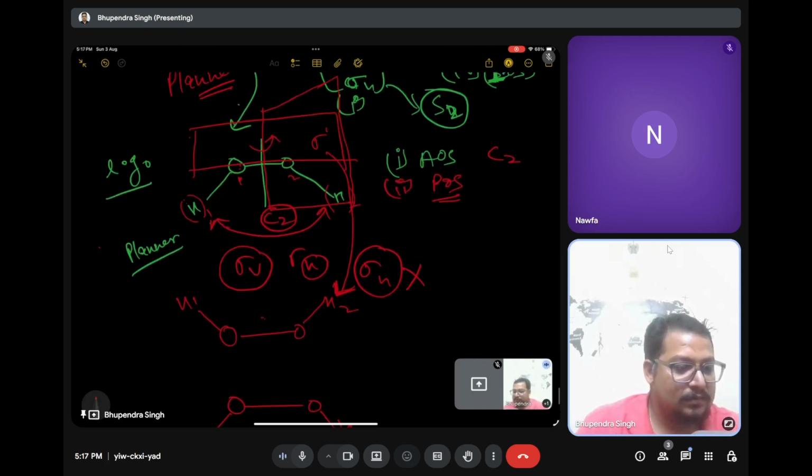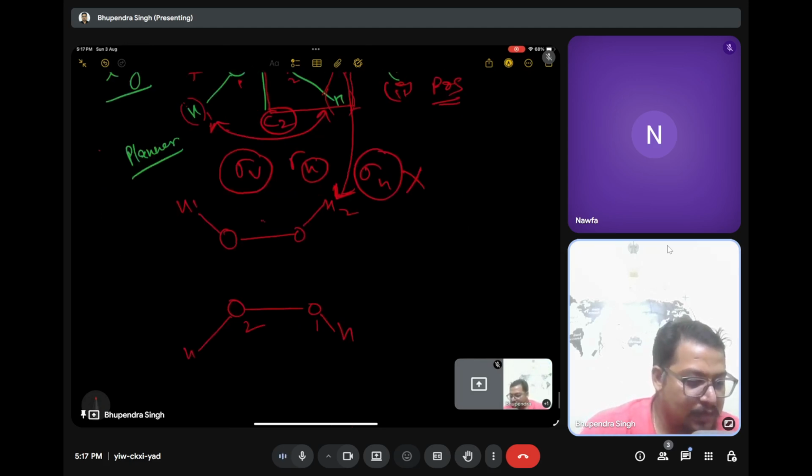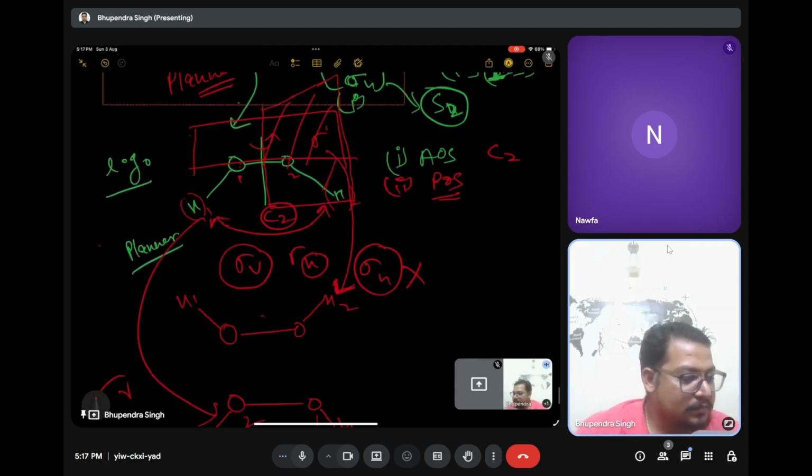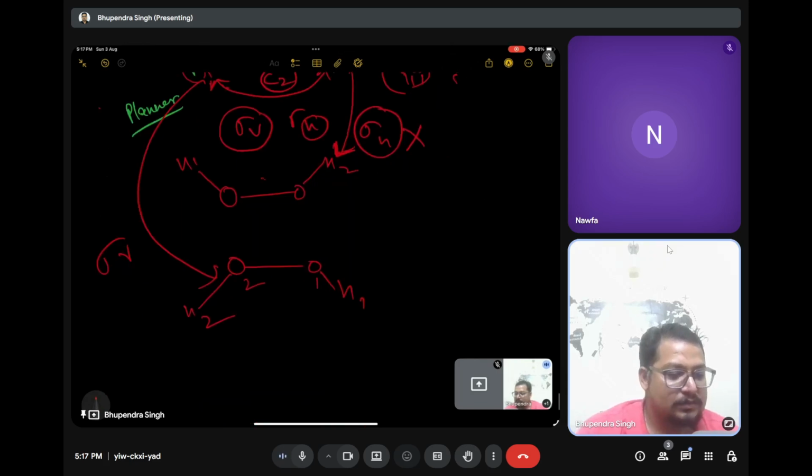If this is your plane, 2, 1, 2, 1, after applying the sigma V. So sigma V is present. Okay, now what is next? Tell me, is I present or not in this molecule? No, I is not present.